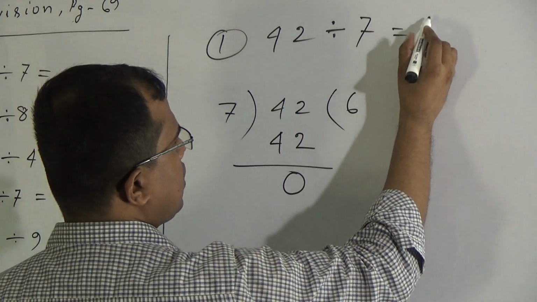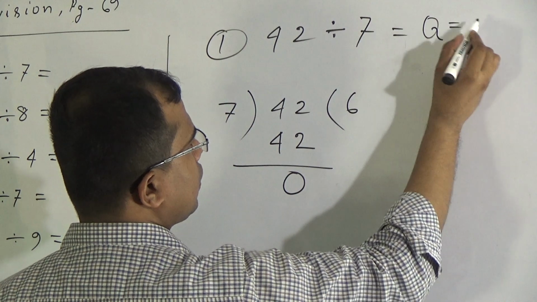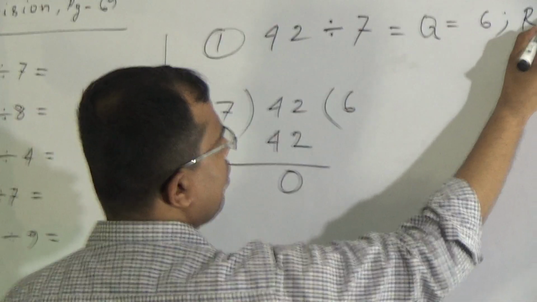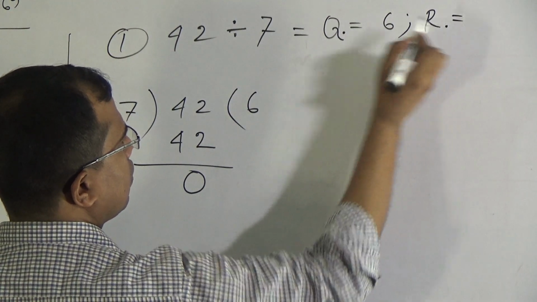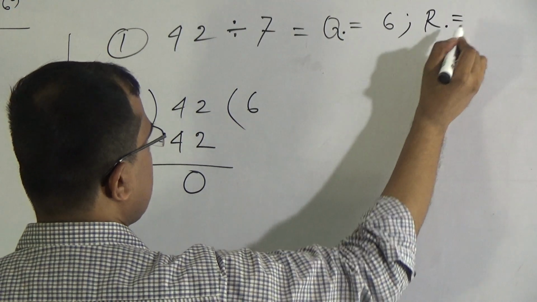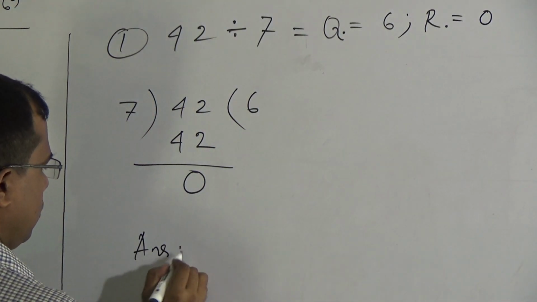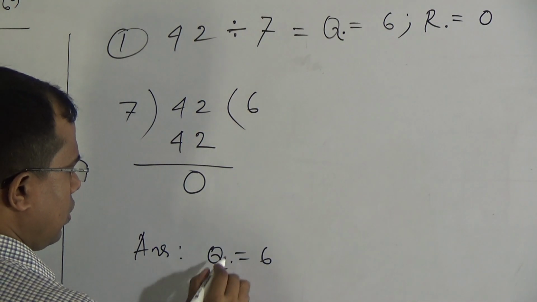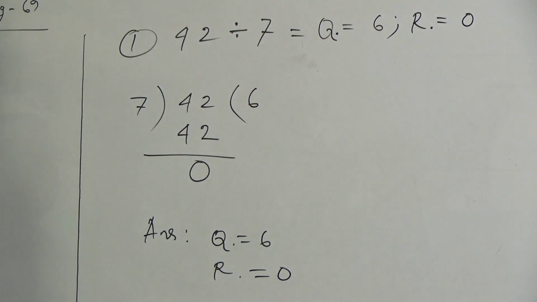Here we will write quotient 6 and remainder 0. Answer: quotient 6, remainder 0. Okay, dear students, now we will do number 3.